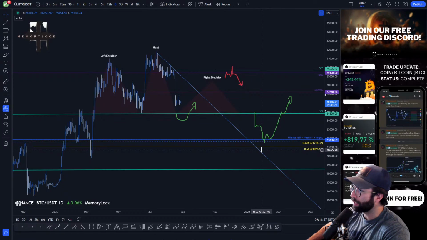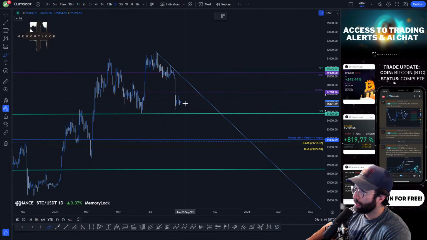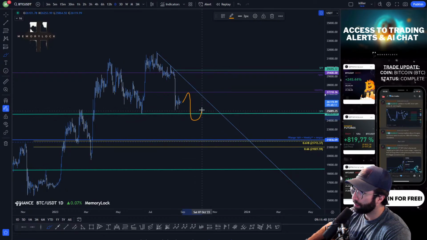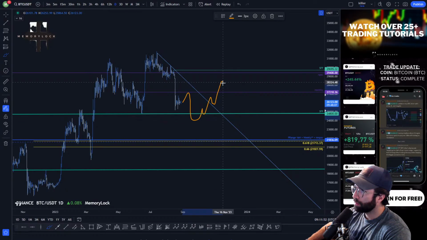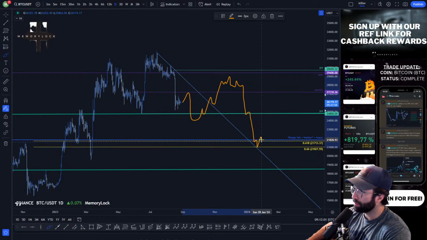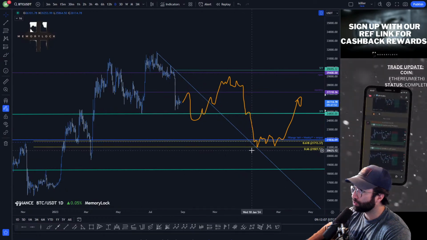And it would be even better if, let's say we just got rid of this here. Let's say we did something like this. And then we came down here, got this really aggressive move down, tapped this trend line, right?